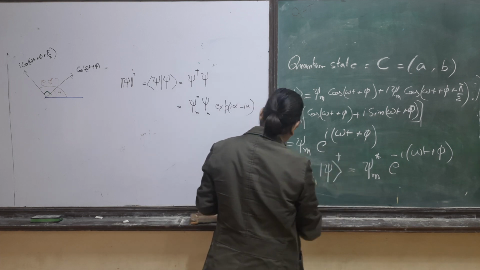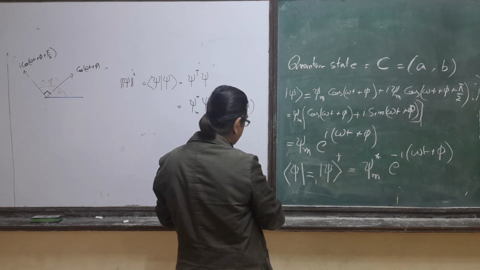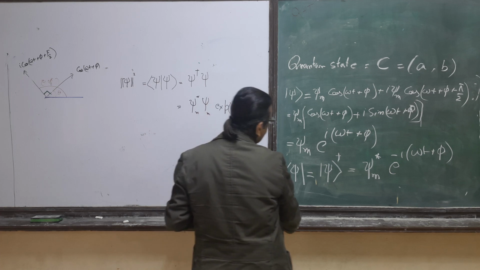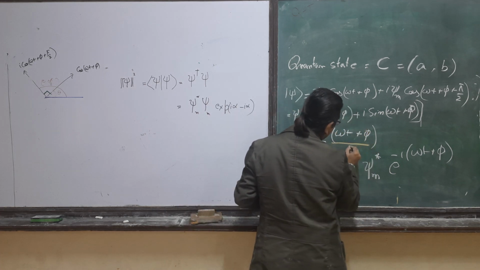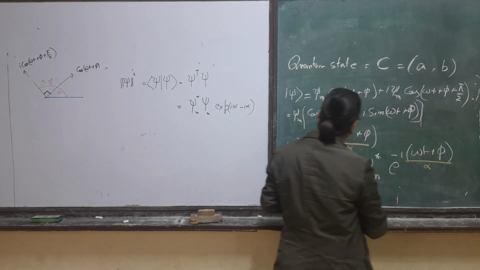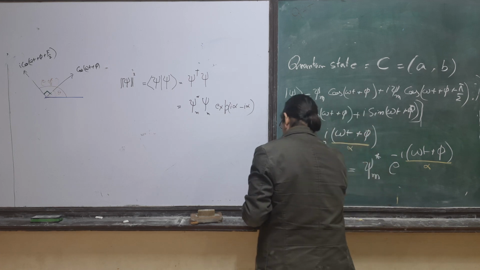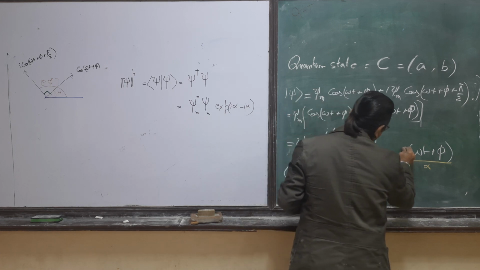If I say this is alpha, and this is alpha, this is iota alpha, this is minus iota alpha.